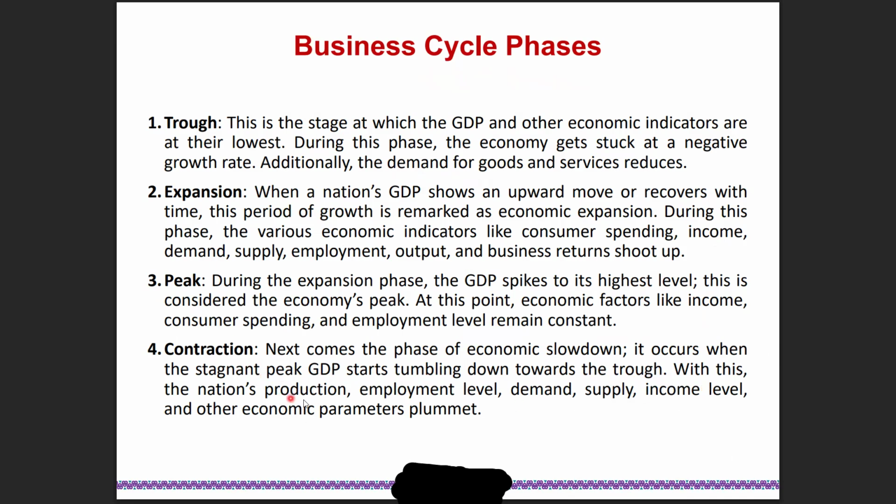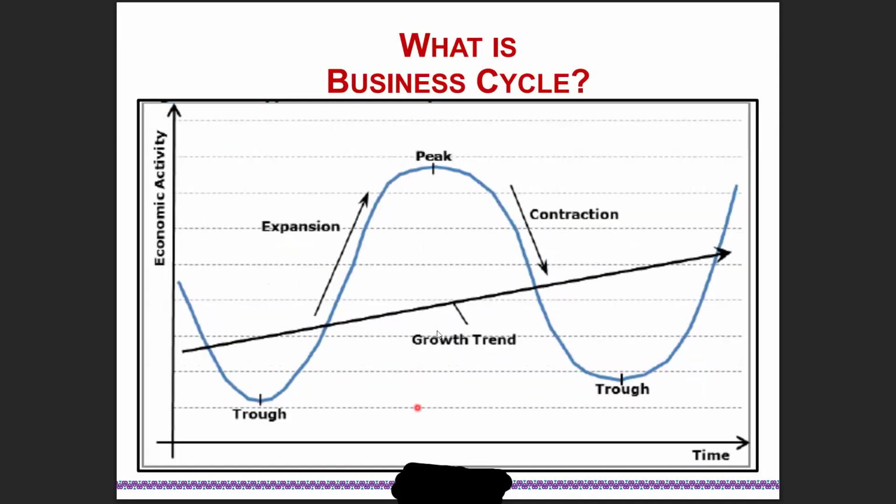With this, the nation's production, employment level, demand, supply, income levels, and other economic parameters plummet, like they start to fall, right? So now production is decreasing, employment is decreasing, demand is decreasing, supply, and all of that during the contraction, right? So yeah, that's just it.